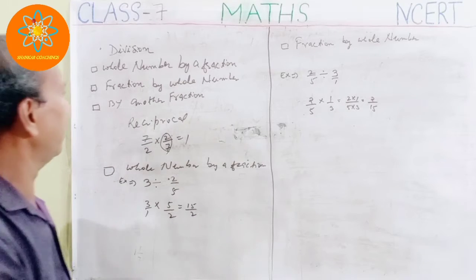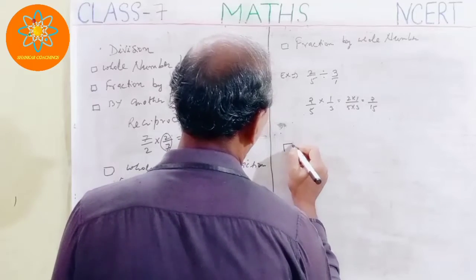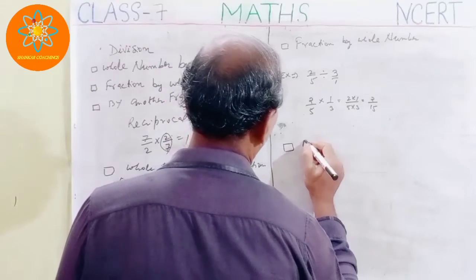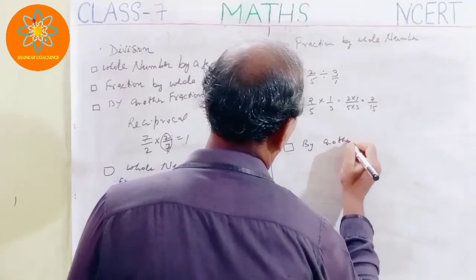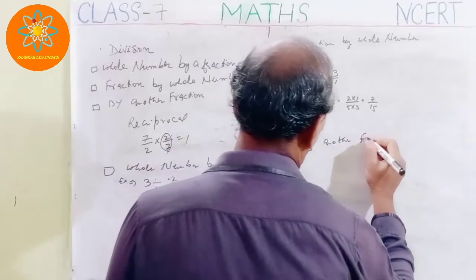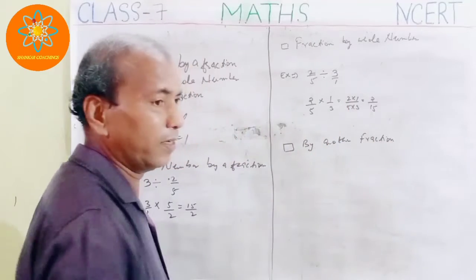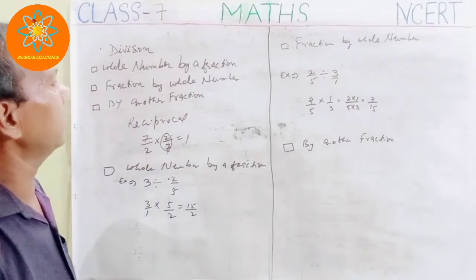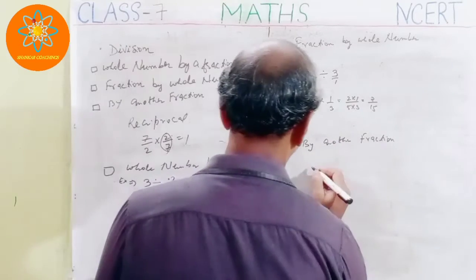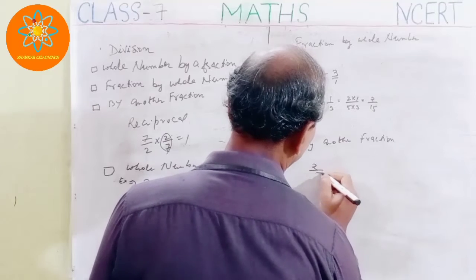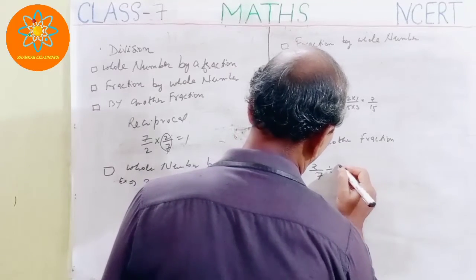So lastly, division by another fraction. One fraction is given and I am dividing this by another fraction. Let's suppose 2 by 7 is there and I am dividing this by another fraction.